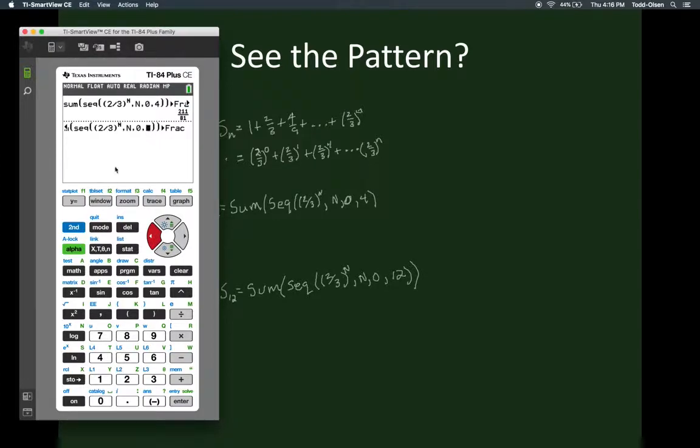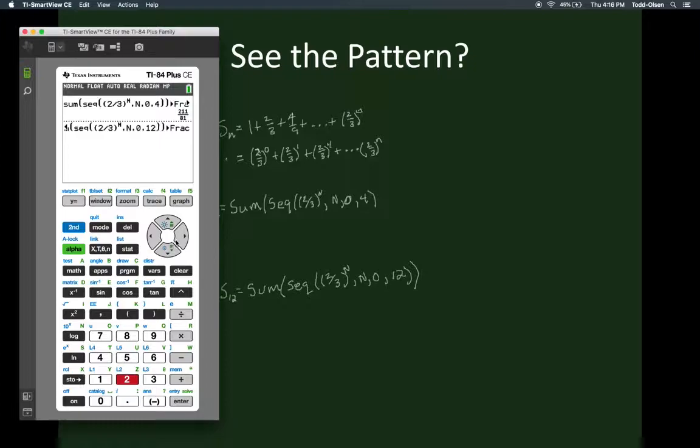It's a little bit tricky because right now when the calculator cursor is flashing a solid rectangle, it's in overwrite mode. So when I press the 1, it'll overwrite it. But now I want to insert, so I can press second, delete, and I'm really selecting INS for insert. And that's where I can put the 2.